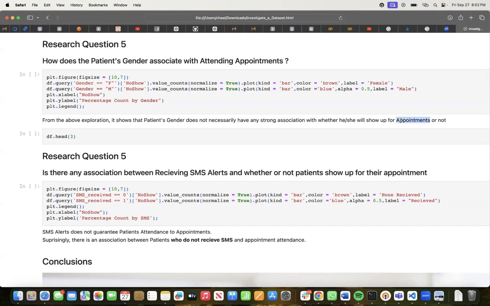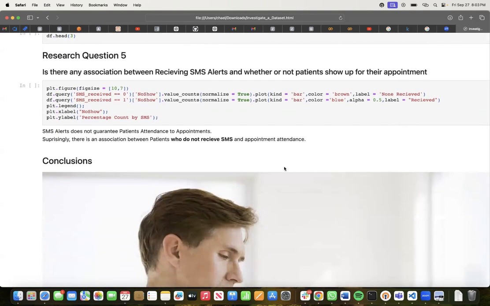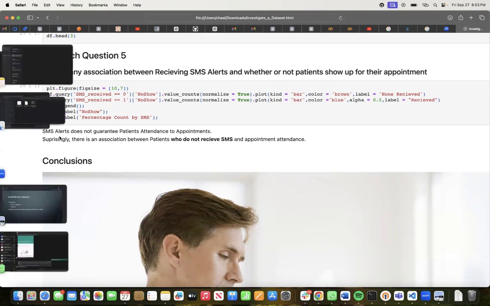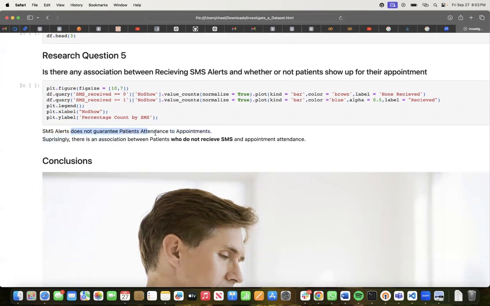And that is why the processes that the data has to go through before you build a model have to be very unique to the situation or the space within which you are in. You understand? The last question: is there any association between receiving SMS alerts and whether or not patients show up for the appointment? The answer: SMS alerts do not guarantee patients' attendance.